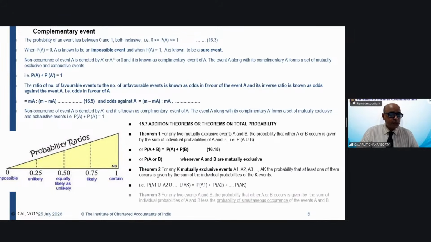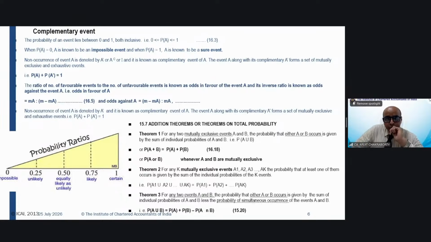Then we see one more, for any two events A and B. Theorem 2 is a very simple extension of the basic concepts. Theorem 3 says for any two events A and B, the probability that either A or B occurs is given by the sum of the individual probabilities of A and B less the probability of the simultaneous occurrence of the events.